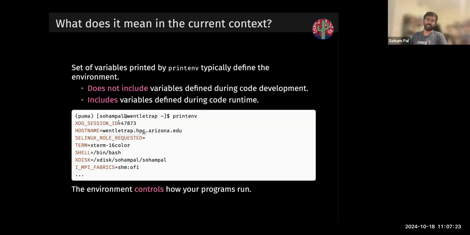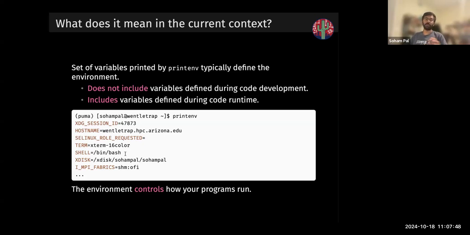As you can see in this example below, when I run printenv on Puma, it prints out various variables and their values. It's a really big list, and I've just shown the top 5 or 6 of those.